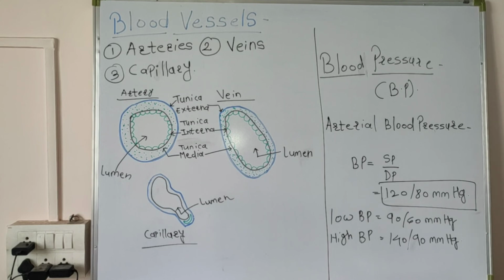Hypertension is caused by higher blood pressure, with a range of 150 per 90 mmHg, and it may damage our heart, brain or kidney.